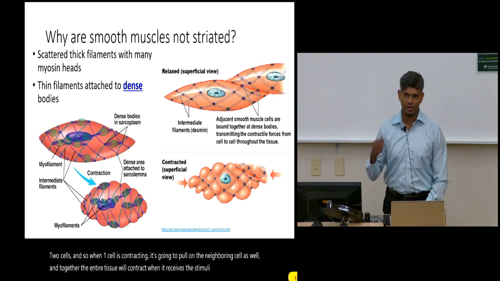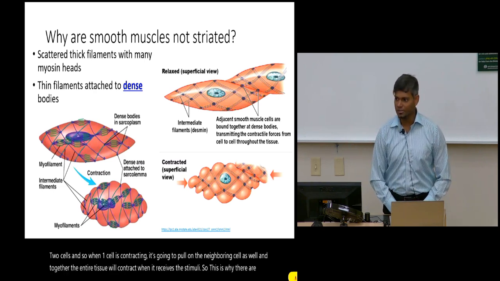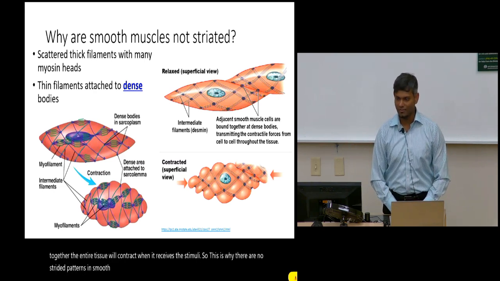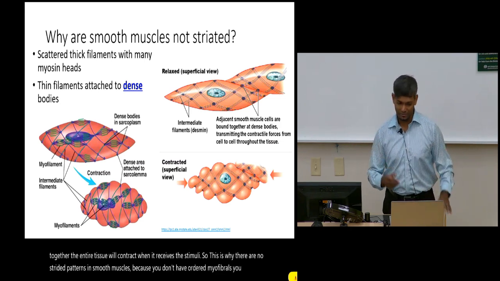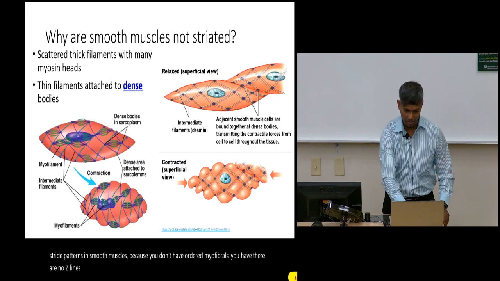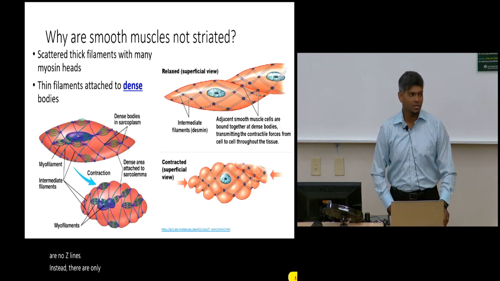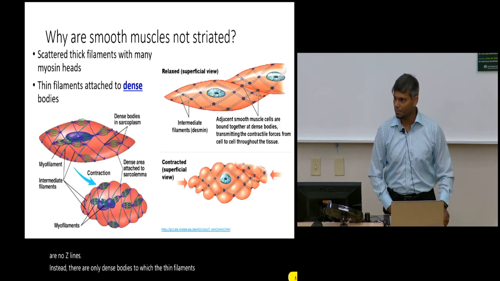So this is why there are no striated patterns in smooth muscles, because you don't have ordered myofibrils. There are no Z lines, instead there are only dense bodies to which the thin filaments are linked to one another. Does this make sense?